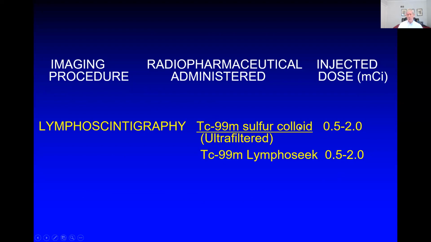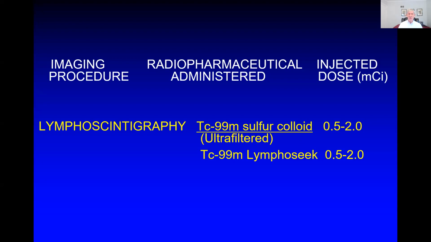One is sulfur colloid, not just regular sulfur colloid that we would make or order for a liver scan, but what we call ultra-filtered colloid. And we'll talk about that more in just a moment. And the other drug is called Lymphoseek.